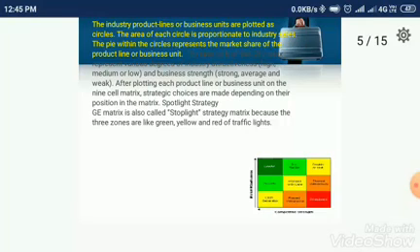It is also called the spotlight strategy, because the matrix uses 3 zones, green, yellow, and red, like traffic light signals. When you see the red light in traffic, you have to stop, because if you break the rules, you may lose your life. In the same way, if the company's products fall under the red light, the company has to stop its investment.